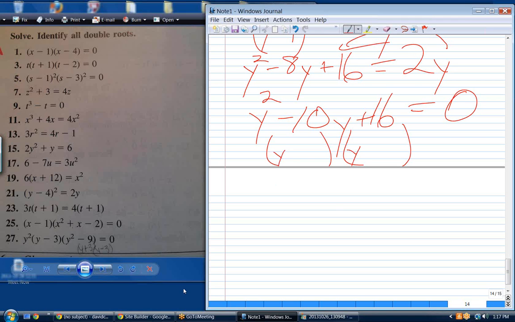It would be y and then... Go through the steps for me, each step. Well, we have to find two factors of 16 that come out to negative 10. The second step is determining what signs we need here. That's a key part of factoring. Do we need plus minus, minus plus, plus plus, or minus minus?